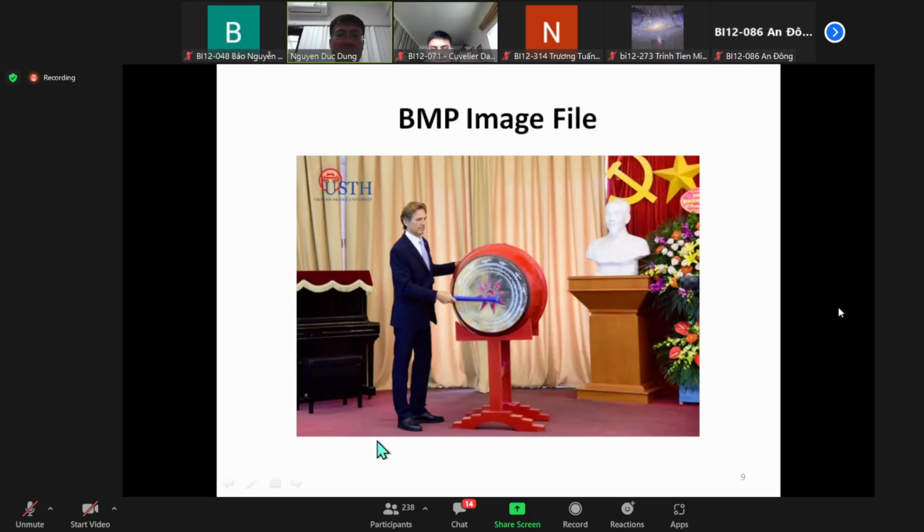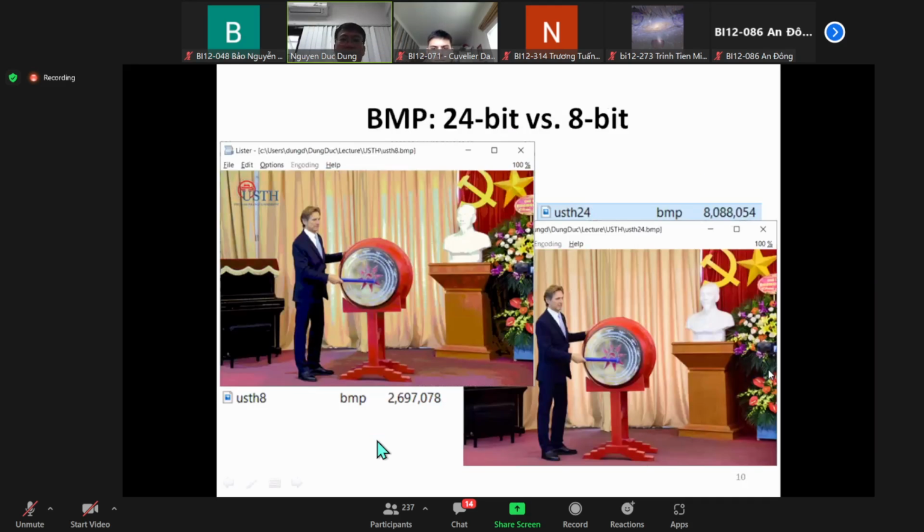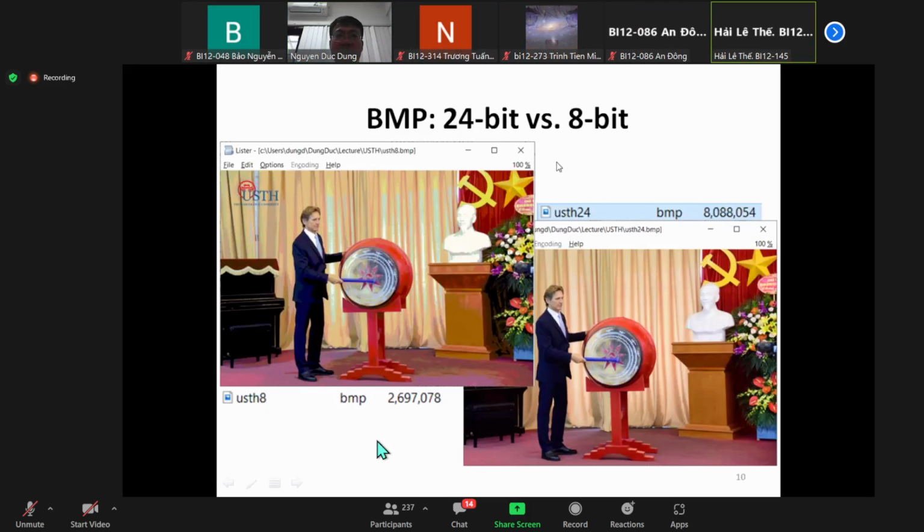I downloaded this picture from the USTH homepage and saved it into two different bitmap files. The first bitmap file I use 24 bits, and the second file I use an 8-bit encoding scheme.